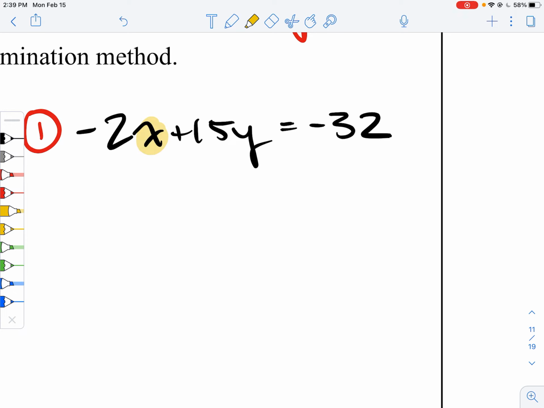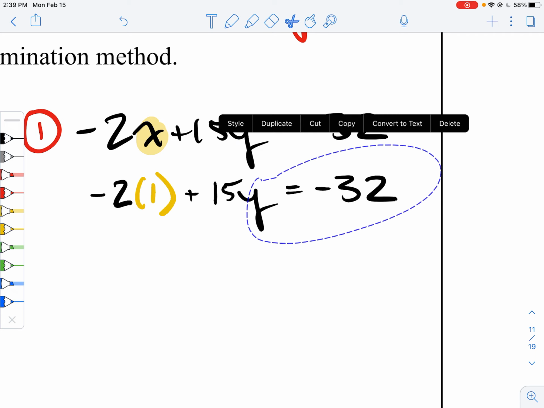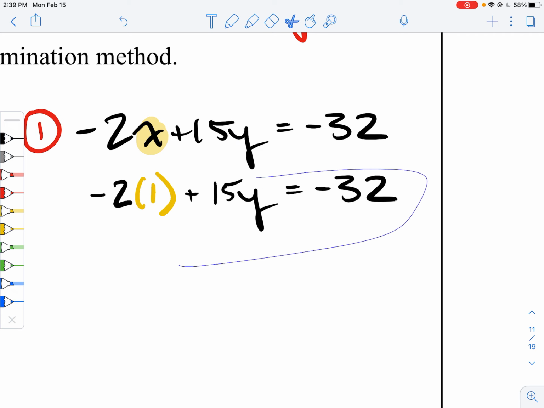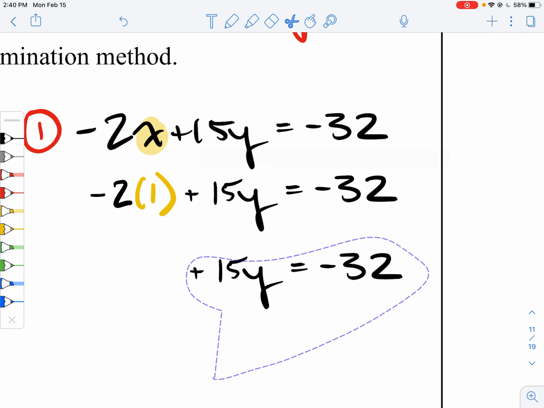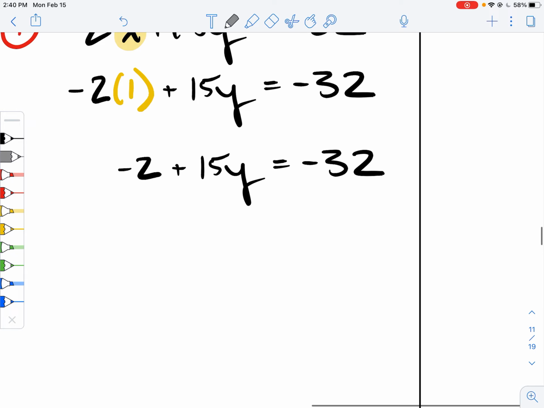Again, what did we say x was? We said x was 1, giving us negative 2 plus 15y equals negative 32. I'm going to add 2 to both sides this time.